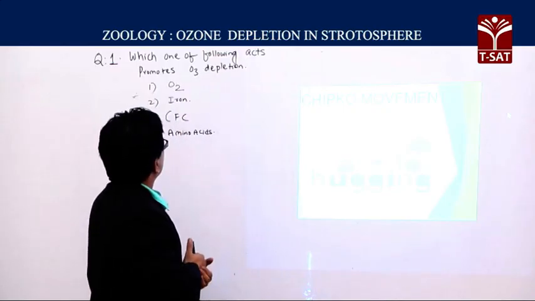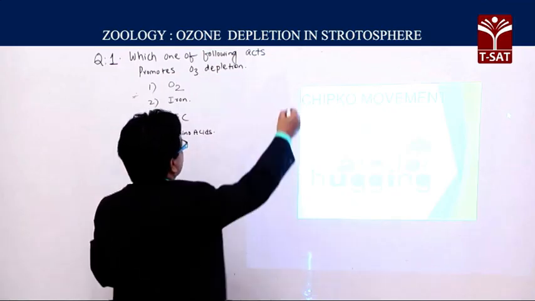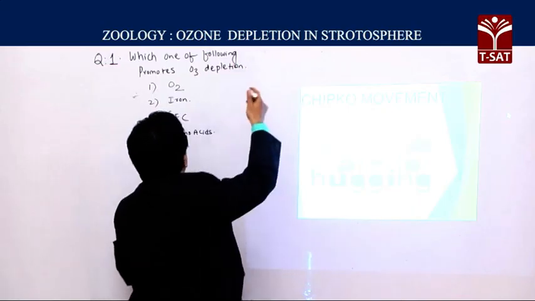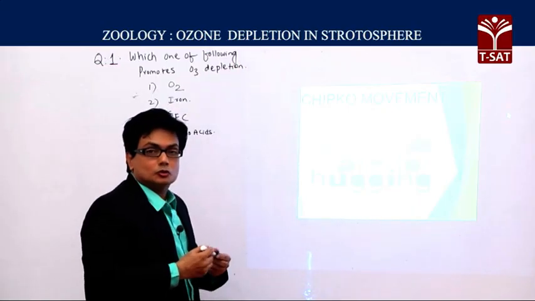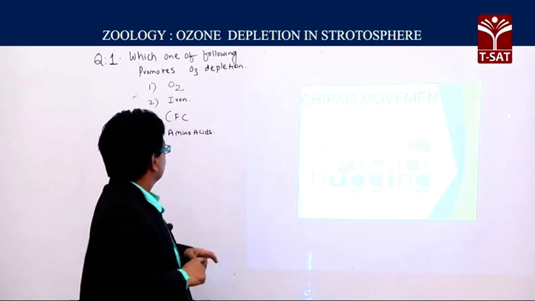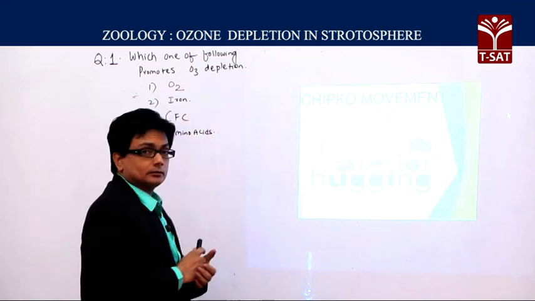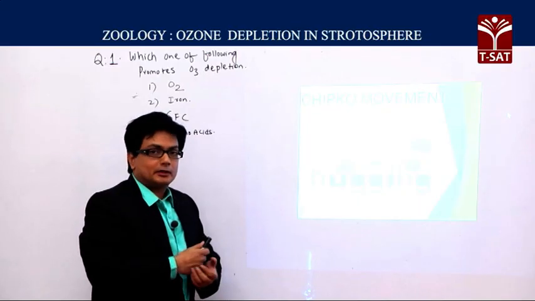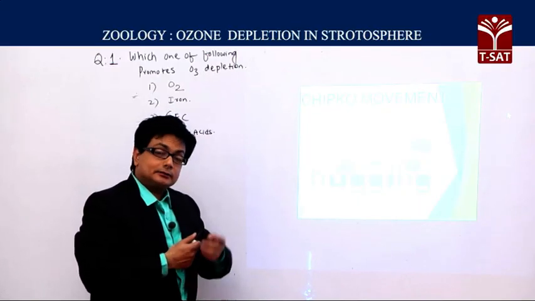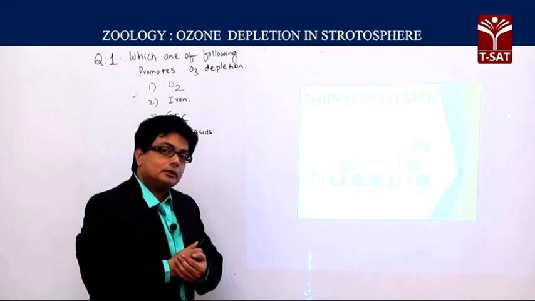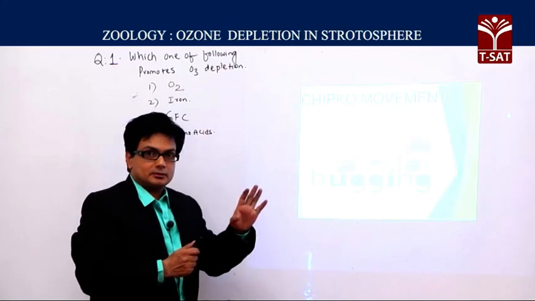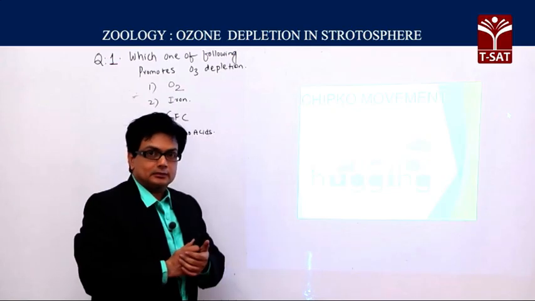Which one of the following promotes ozone depletion? Oxygen. Oxygen is a gas vital for respiratory activity, and oxygen is formed only when O3 is split by the Cl.